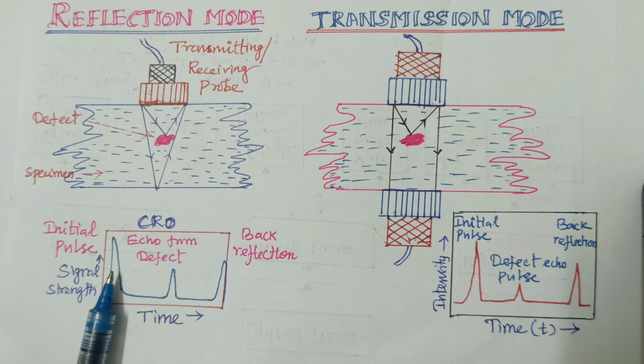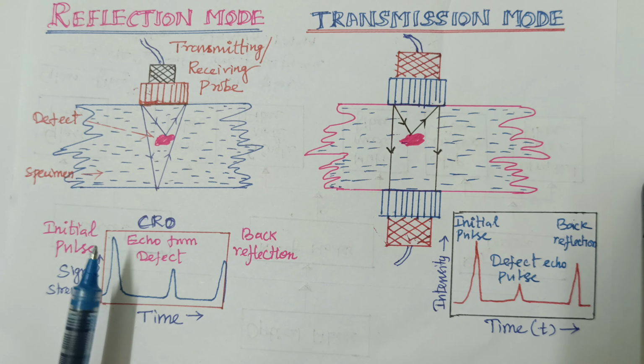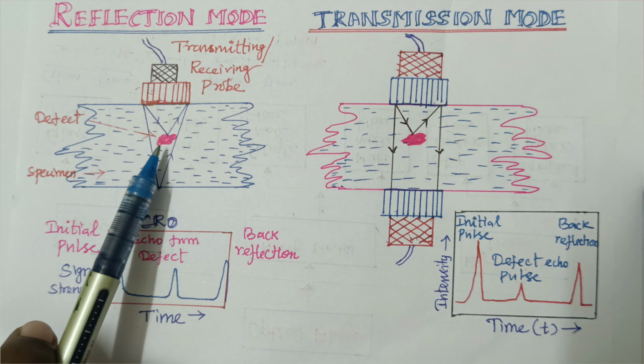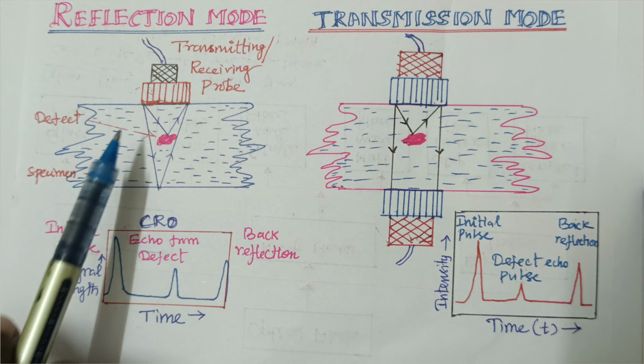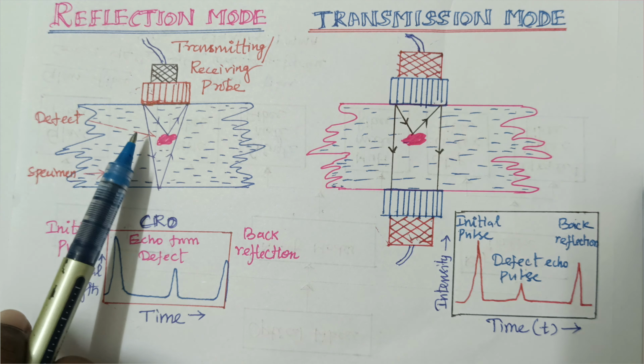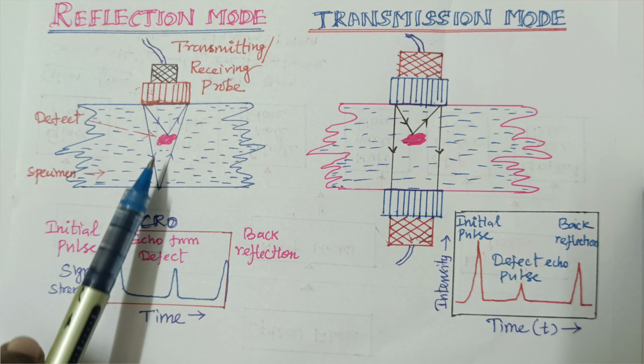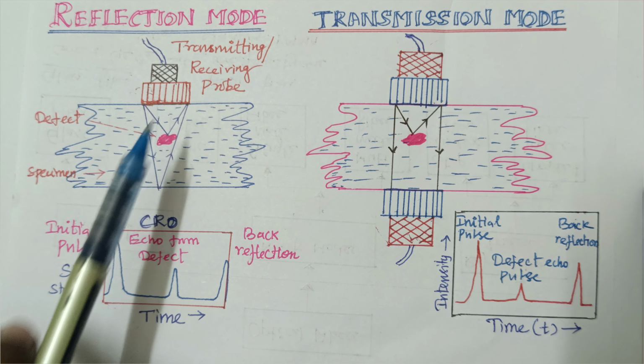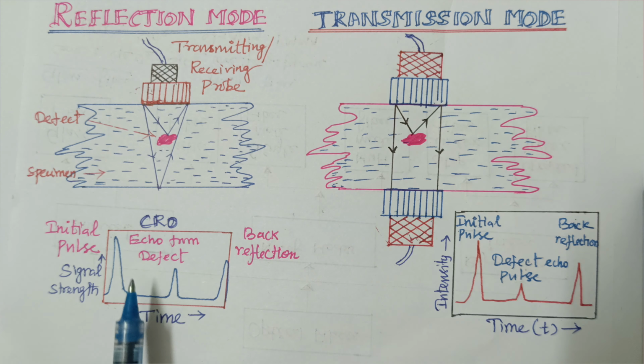Second, if the material has any defect inside, the ultrasonic pulse falls on the defect, and the reflected back echo pulse is also received by the receiving probe, which exhibits the echo from the defect. Already we discussed the pulse echo technique, similar to that.